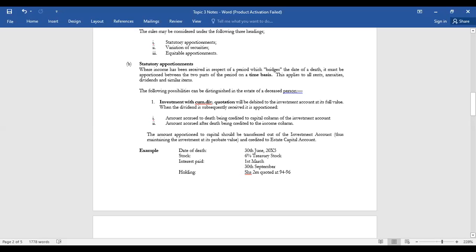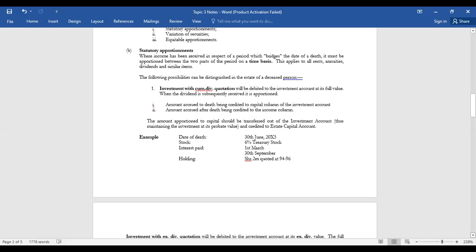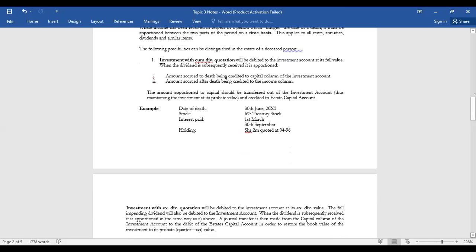And of course, securities held are at 2 millions, and they are being quoted at between 94 and 96 shillings. So this is what we've been given, and this is what you are supposed to work with.